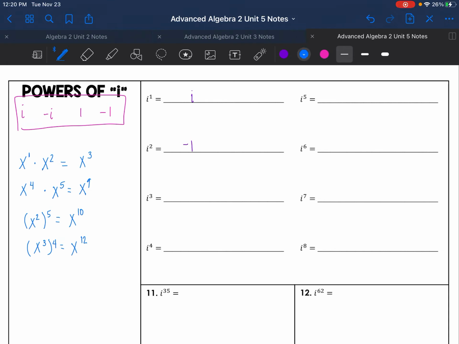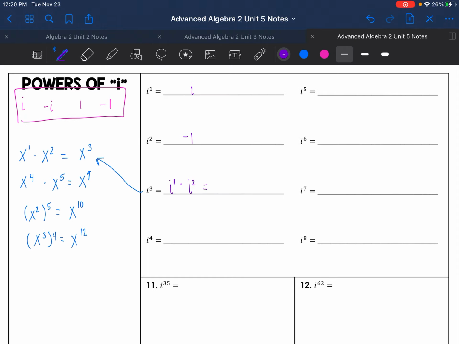If we look back here, we can use the same thing, but with i instead of x. We could have i to the 1st times i squared. That is i cubed. Well, what is i to the 1st? That's just i.